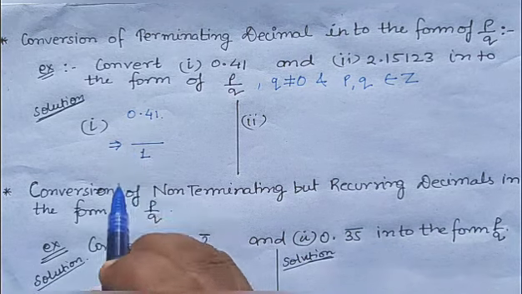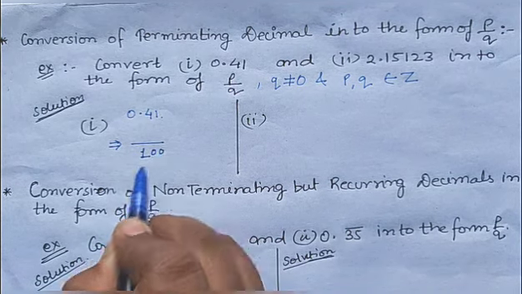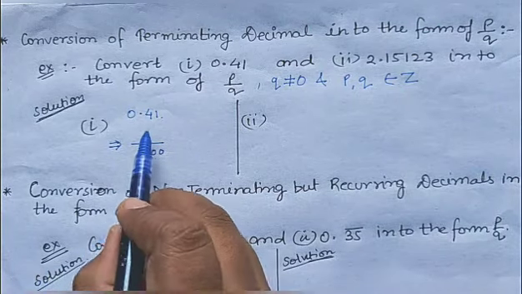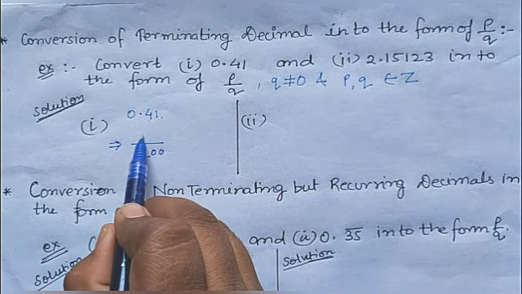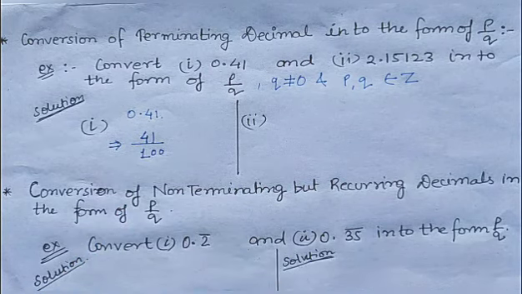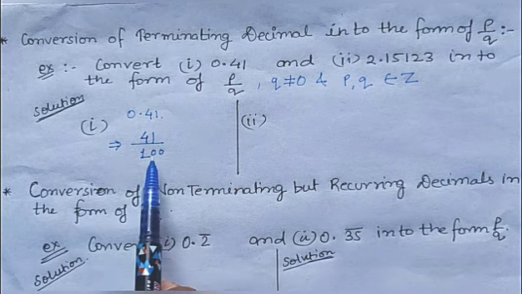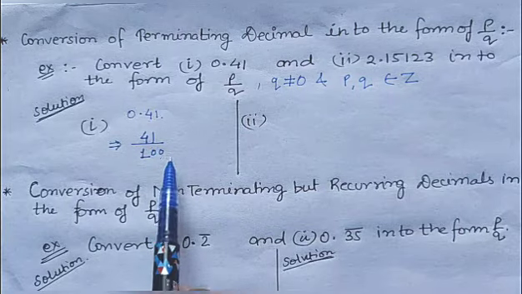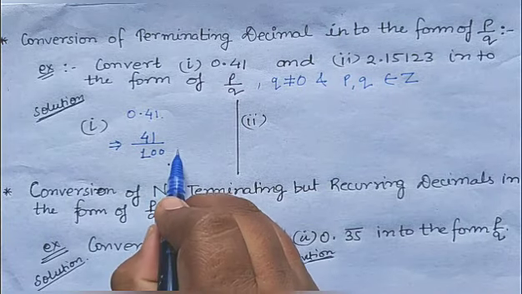There are 2 numbers, so you can add 2 zeros, and after that you will write this decimal number without the decimal point, like this, 41 upon 100. Nothing you have to do after it. If it is getting simplified, then simplify it, otherwise leave it like this, so it will be your answer.